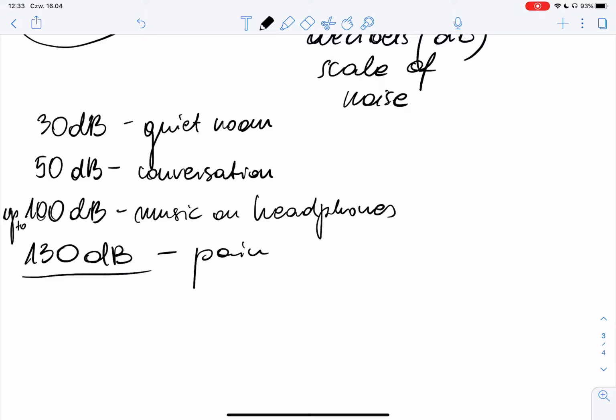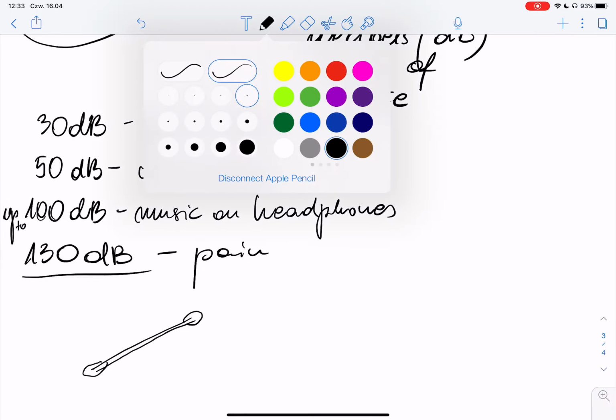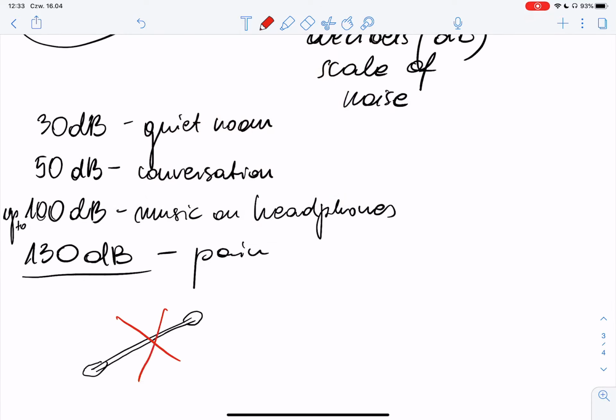Another thing that you have to pay attention to when taking care of your ears is to be careful when cleaning them. You shouldn't be using those cotton buds to clean your ears because when you do, you might push the waxy cuticle that is inside this earwax into the acoustic meatus.